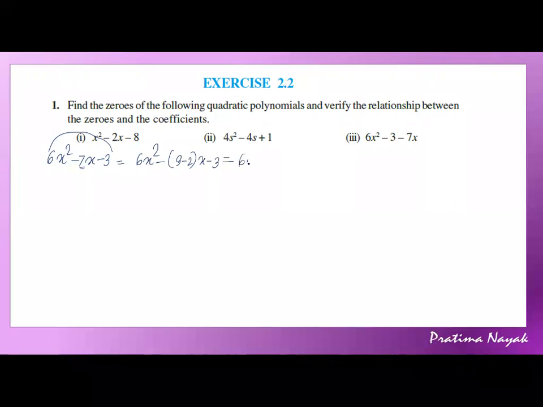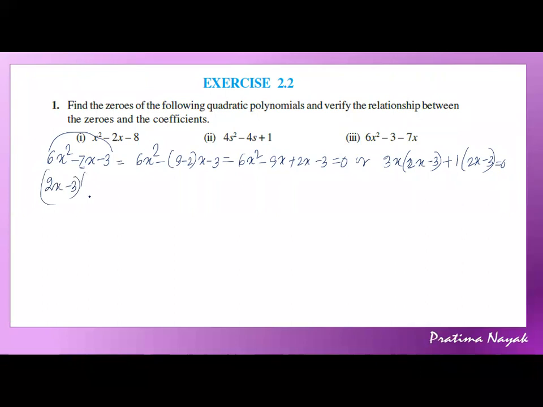So 6x square minus 9x plus 2x minus 3 is equal to 0. I'll write 3x taking common, 2x minus 3, plus 1 taking common, 2x minus 3 is 0. So this gives me 2x minus 3 multiplied by 3x plus 1 is 0.